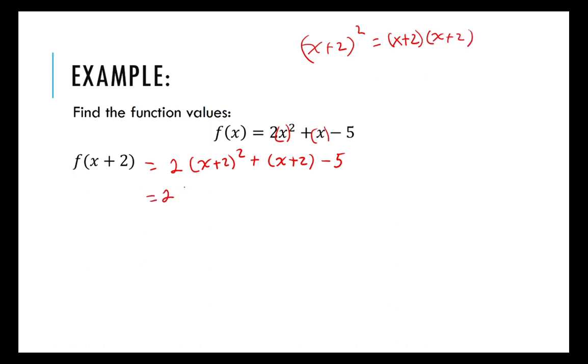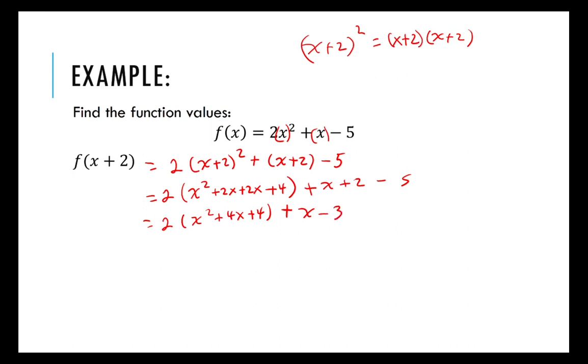So this is 2 times x squared plus 2x plus 2x plus 4 plus x plus 2 minus 5. That's then going to give us 2 times x squared plus 4x plus 4 plus x minus 3.